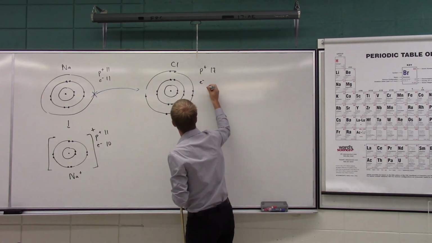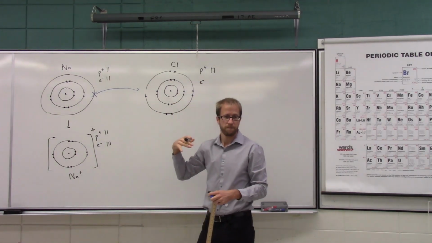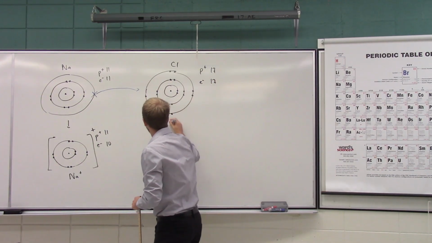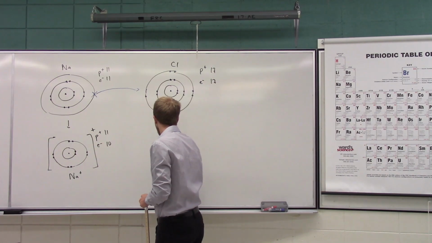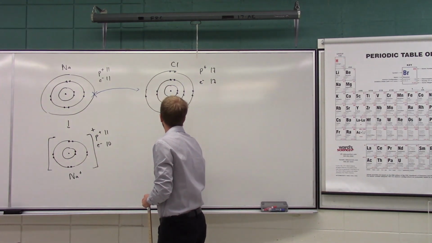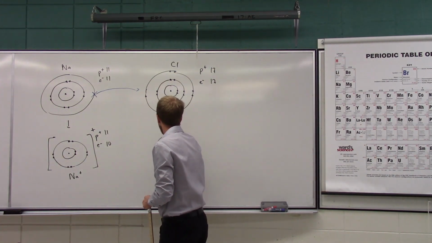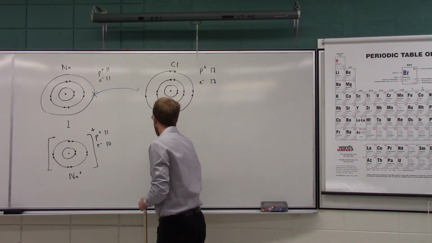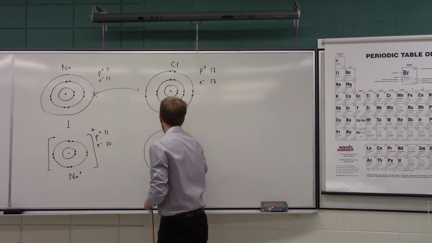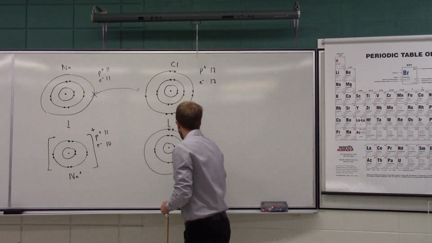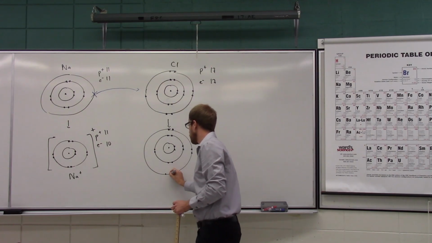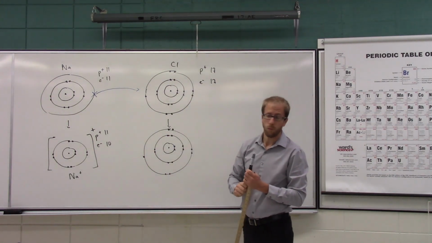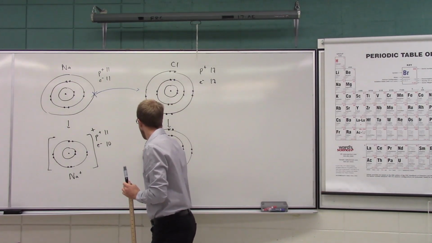How many electrons in the neutral atom? The same. And then when it became an ion, how many electrons does it have now? 18. It has 18 electrons, which means that what will its charge be? Negative. It will be -1. Good job.